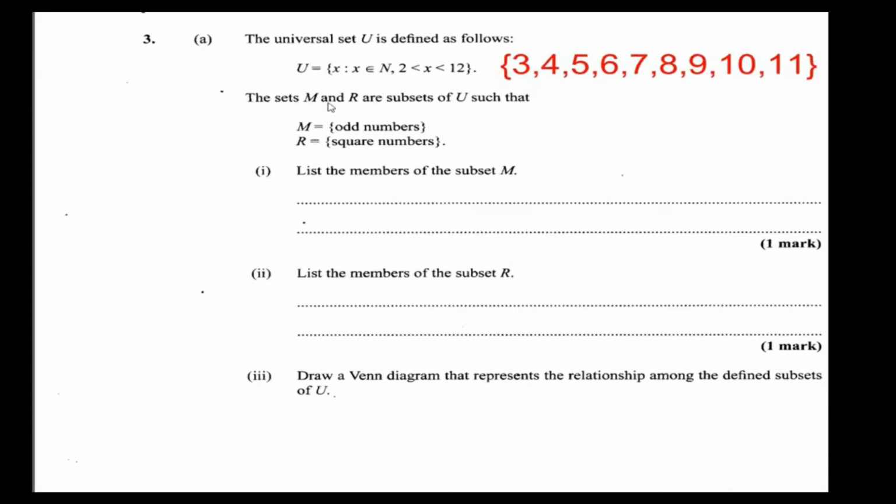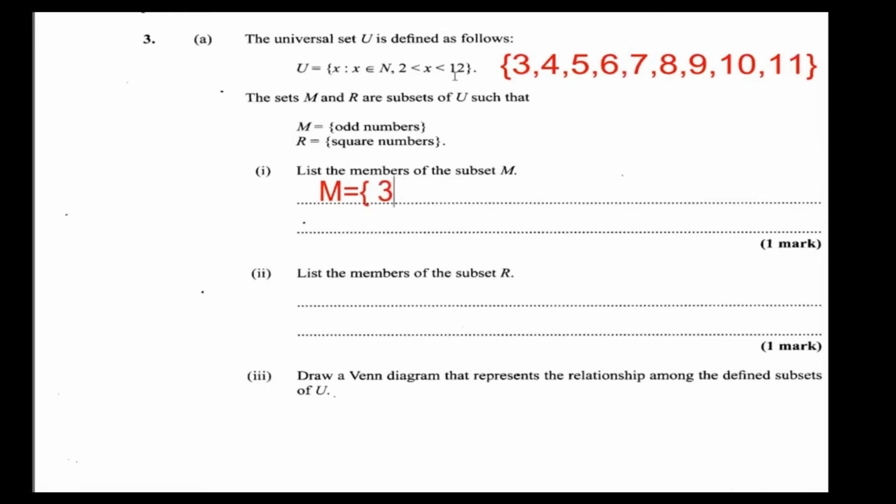Now it says the sets M and R are subsets of U, such that M is odd numbers. So M is going to be equal to the odd numbers between 2 and 12.